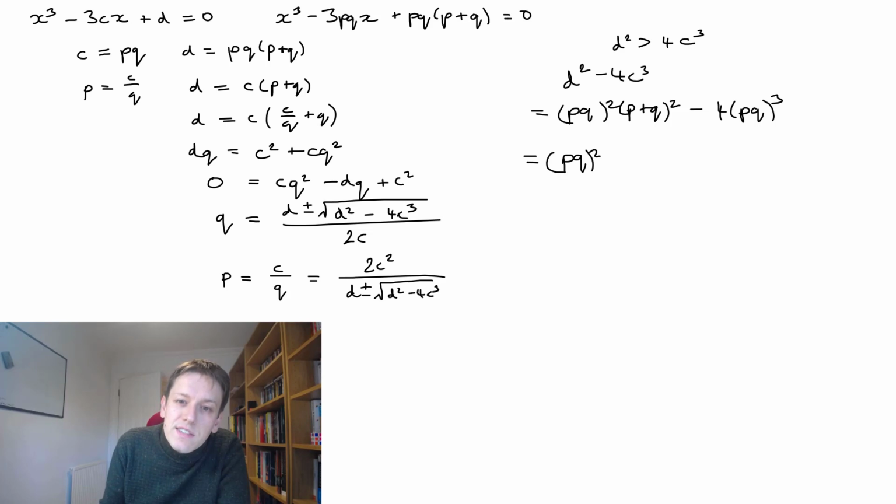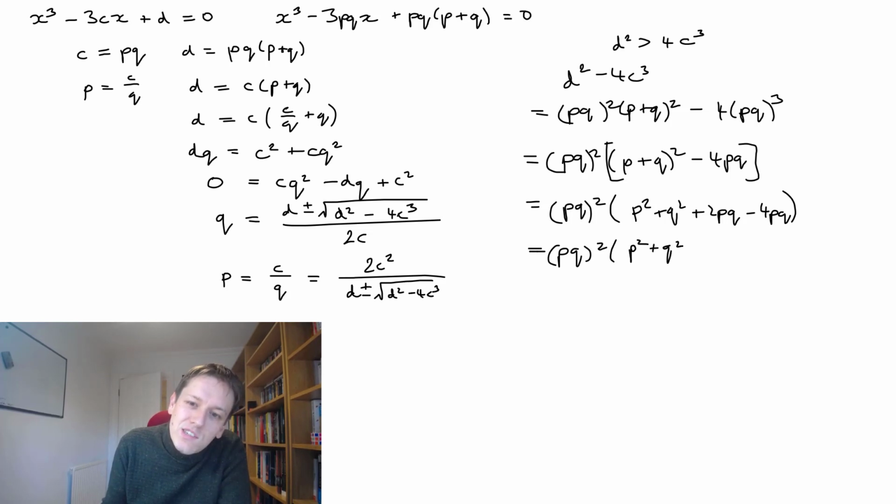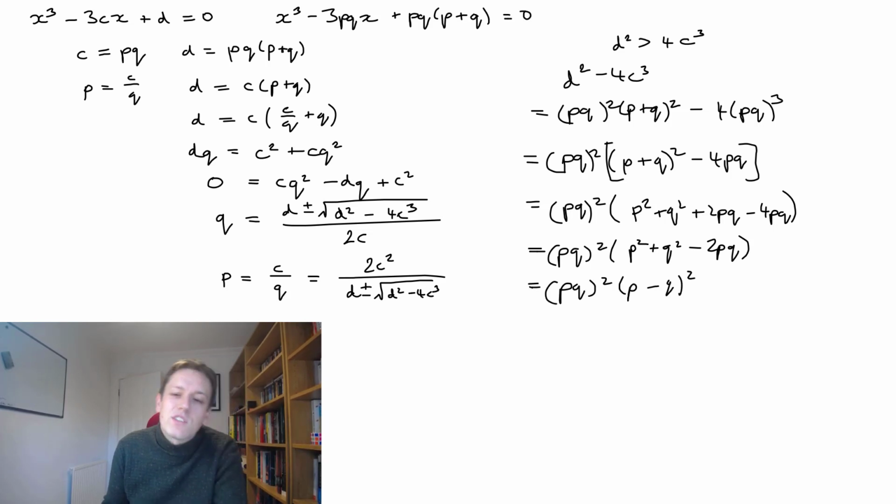So if I factorize PQ squared here, I get P plus Q squared minus 4PQ, and multiplying this out, that's equal to PQ squared times P squared plus Q squared plus 2PQ minus 4PQ, which is PQ squared times P squared plus Q squared minus 2PQ, which is PQ all squared times P minus Q squared.